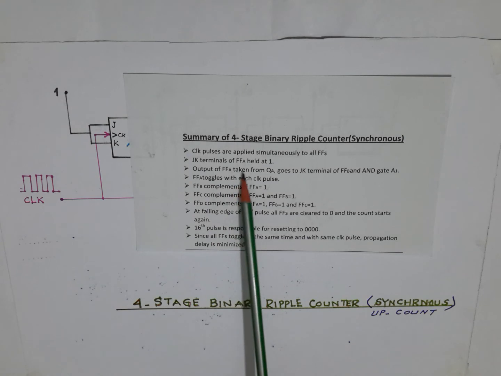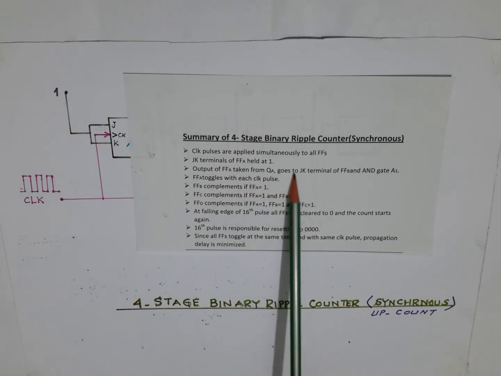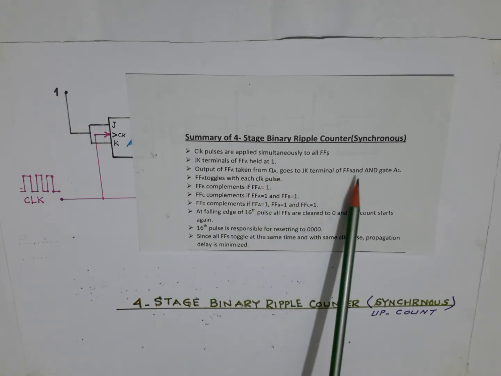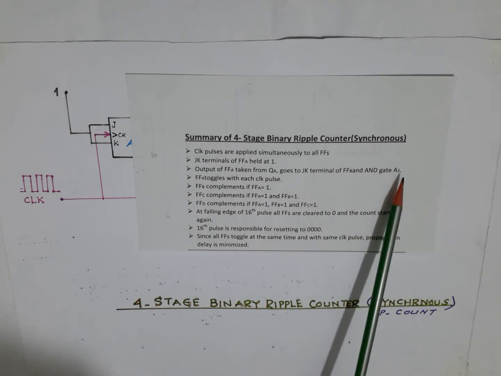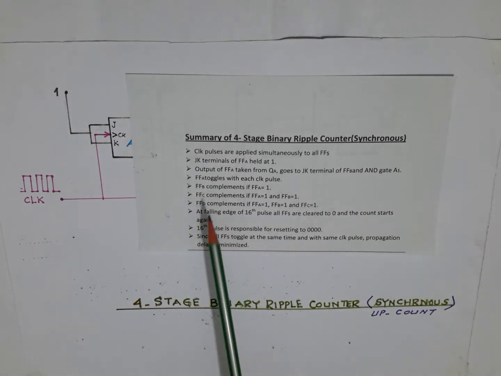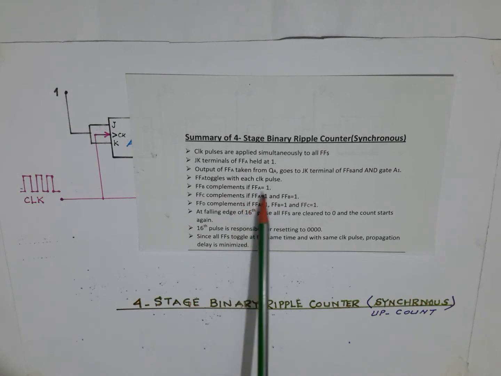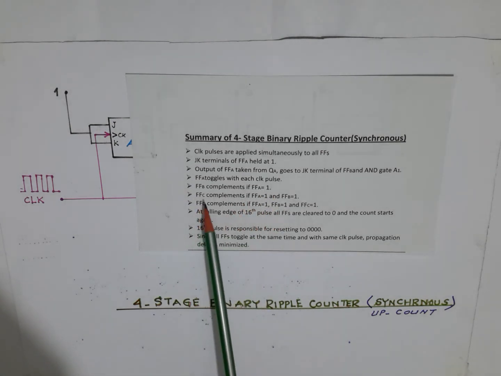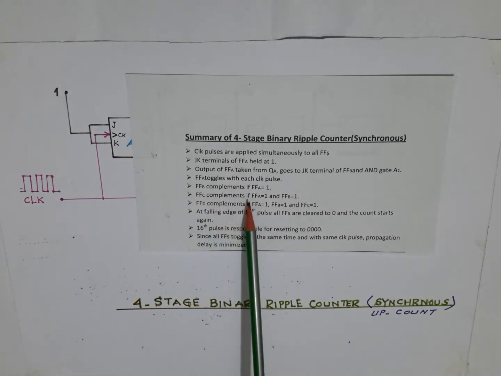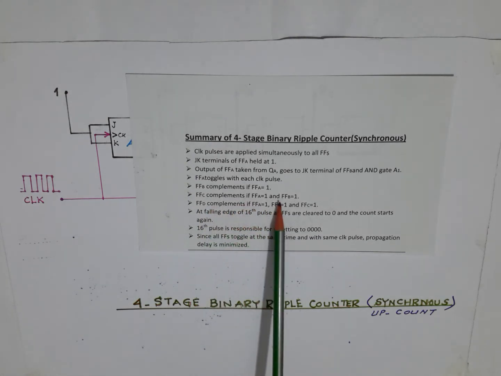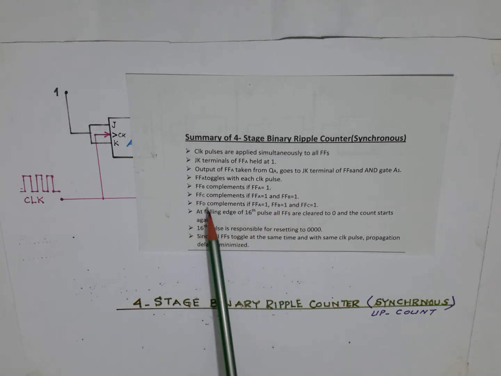Output of FFA taken from QA goes to the JK terminal of FFB and AND gate 1. FFA toggles with each clock pulse. FFB complements if FFA is 1. FFC complements if FFA is 1 and FFB is 1.